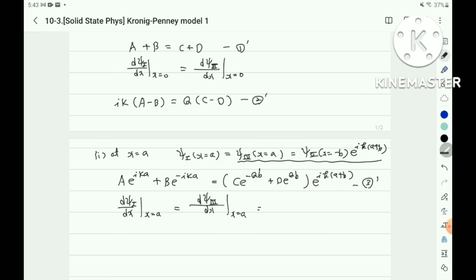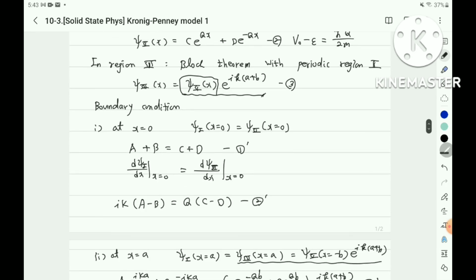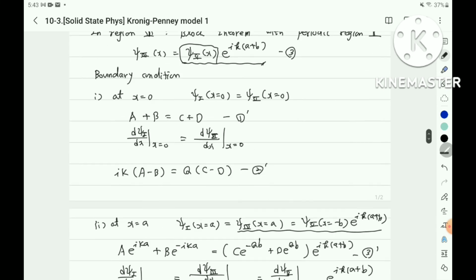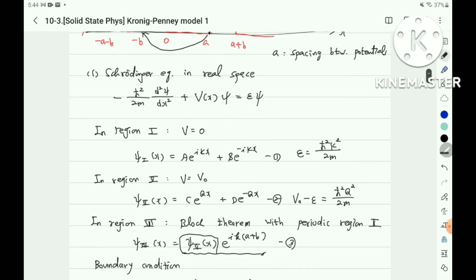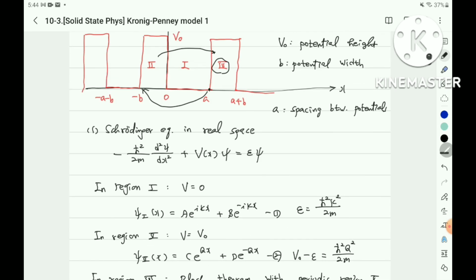In this case, it is identical to d psi 2 dx at x equal to minus b times exponential ik(a plus b), because of the third condition, the wave function 3 is the wave function at minus b, periodic by a plus b.